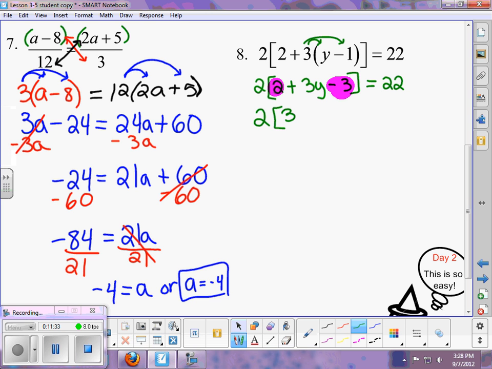I'm going to recopy my 3y. 2 minus 3 is negative 1. We can no longer combine any like terms inside of the grouping symbols. We cannot do 3y minus 1. They are not like terms. So our hands are tied. We must distribute to get rid of those grouping symbols.